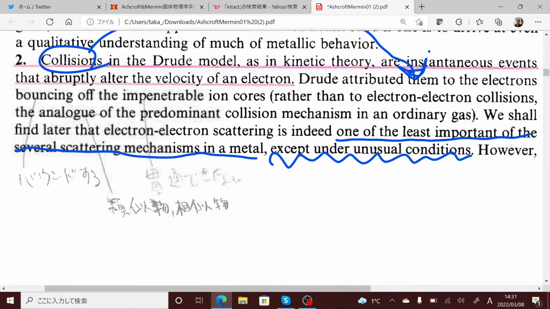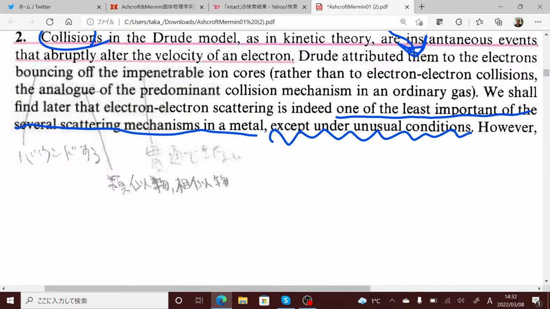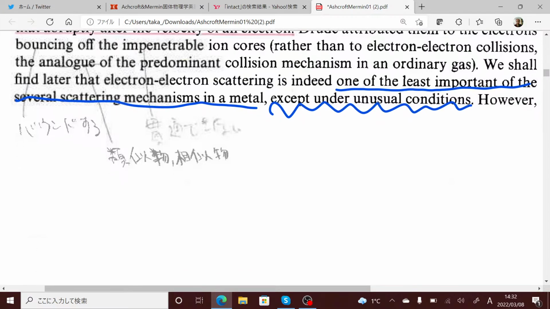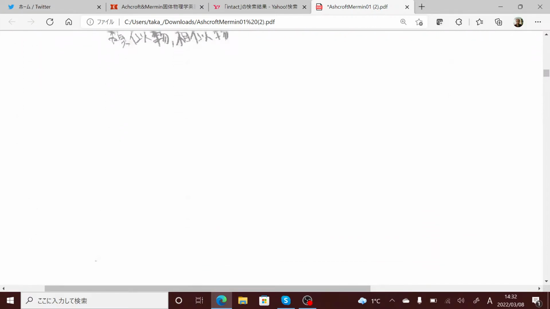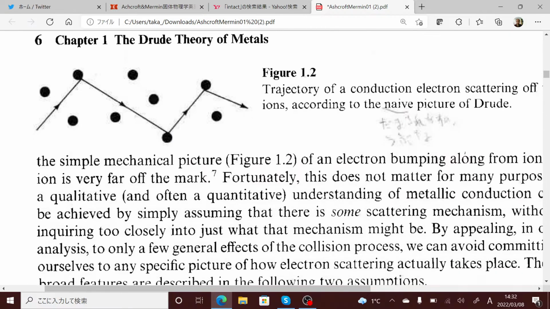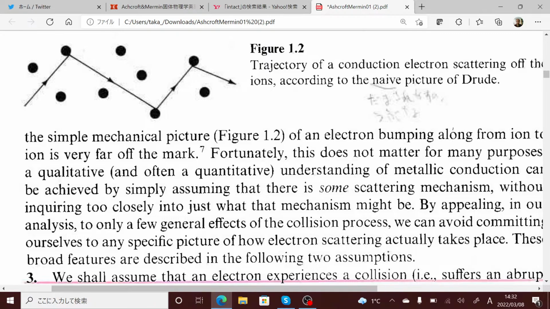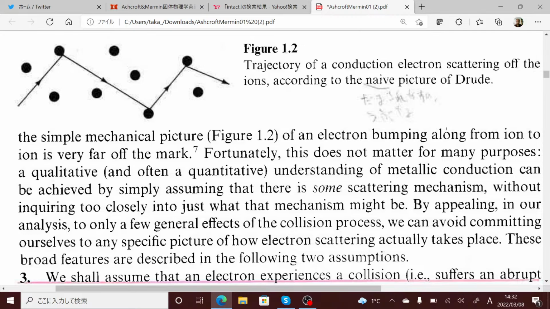Under some unusual conditions, electron scattering is important. However, the simple mechanical picture, figure 1.2, of an electron bumping along from ion to ion is very far off the mark.